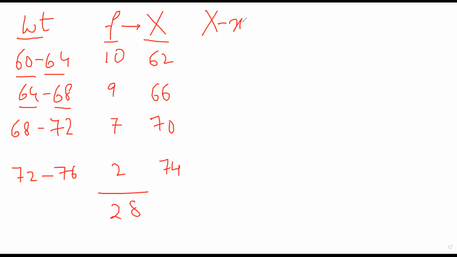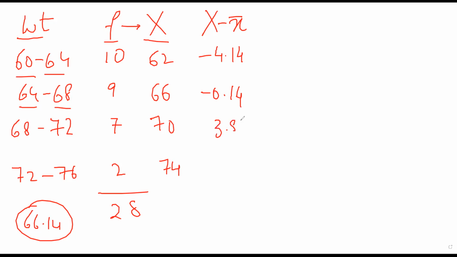Capital X minus x bar is equal to, remember mean is 66.14. So 62 minus 66.14 will be minus 4.14, then minus 0.14, 3.86, and 7.86. Square all of these values.